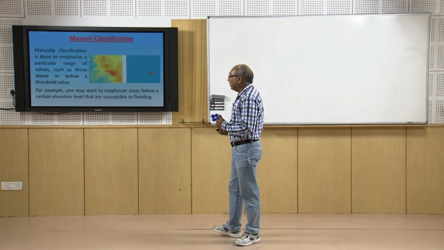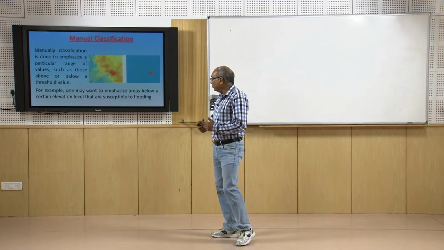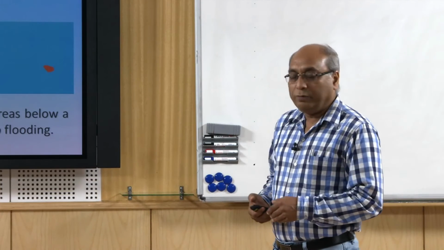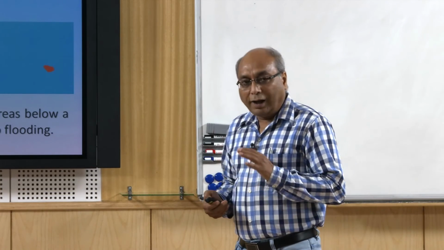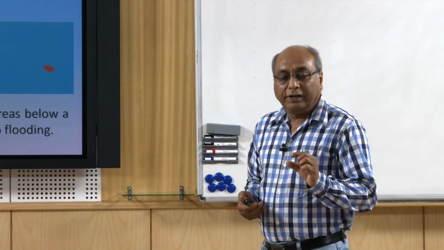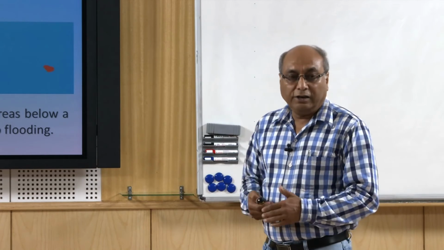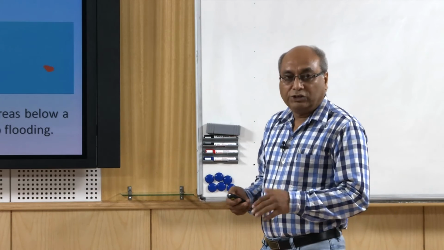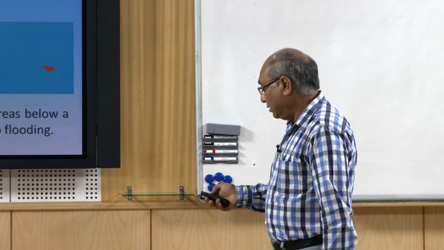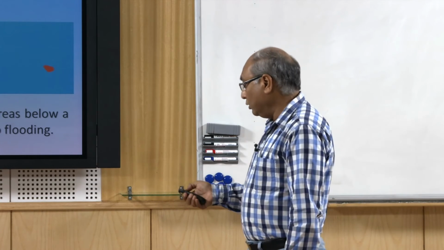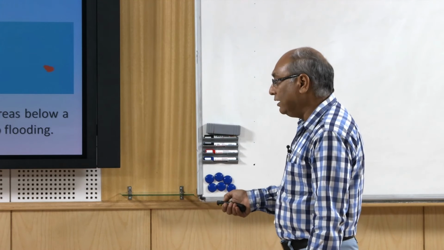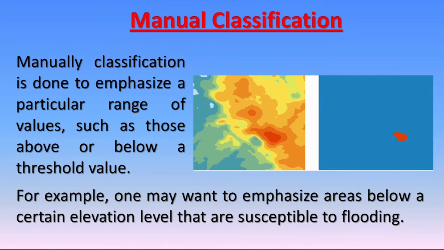So that is why manual classification can also be employed to highlight specific areas, specific elevation ranges, and then de-emphasize the others which are not really useful in that sense.